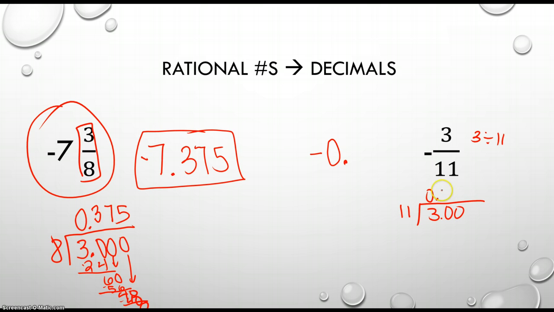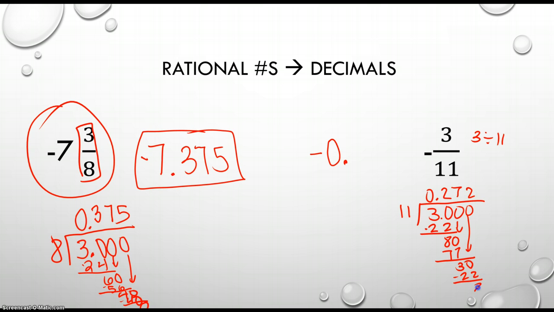11 goes into 30 2 times, which is 22. We have 8 as a remainder. Bring down the 0. 11 goes into 80 7 times, which is 77. 3 left over. I'm going to put another 0 down there. 11 goes into 30 2 times, which would be 22.